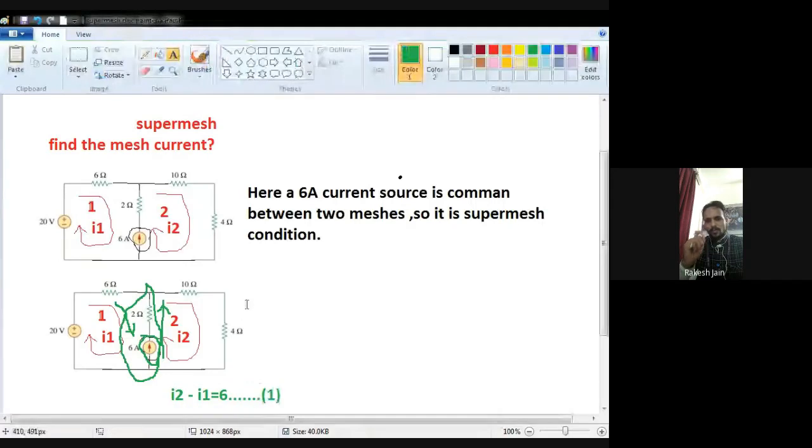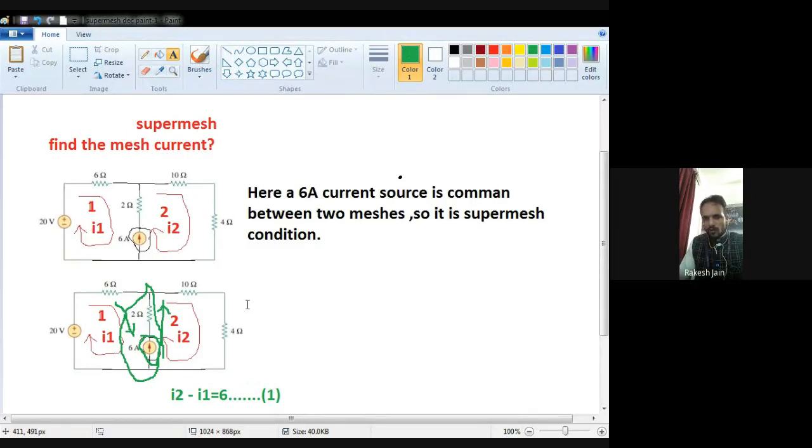Now see, one current comes from top to bottom and its name is I1. One current comes in this branch from bottom to top and its name is I2, according to the direction you mentioned in step number one.